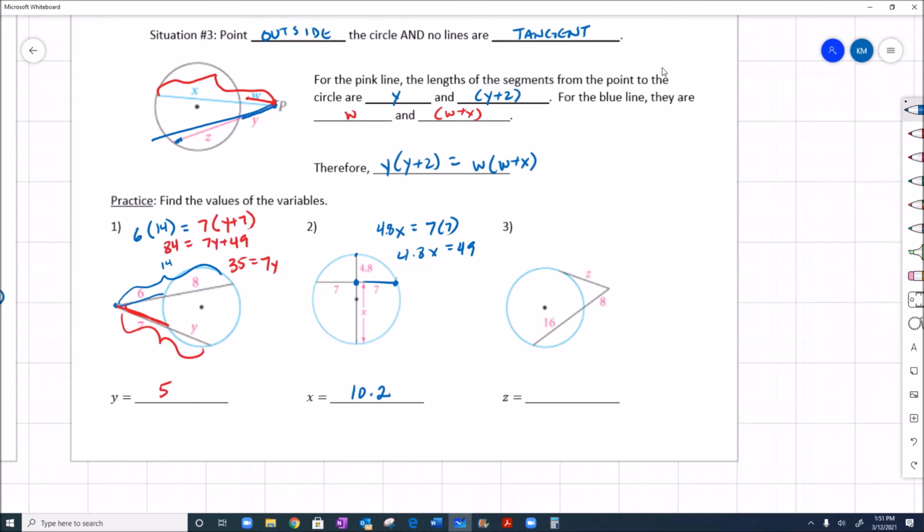And then finally, this should be situation number 2 if you're keeping track of looking at all those examples. We have point to the circle, which is 8. Point to the other part of the circle, 16 plus 8, or 24.